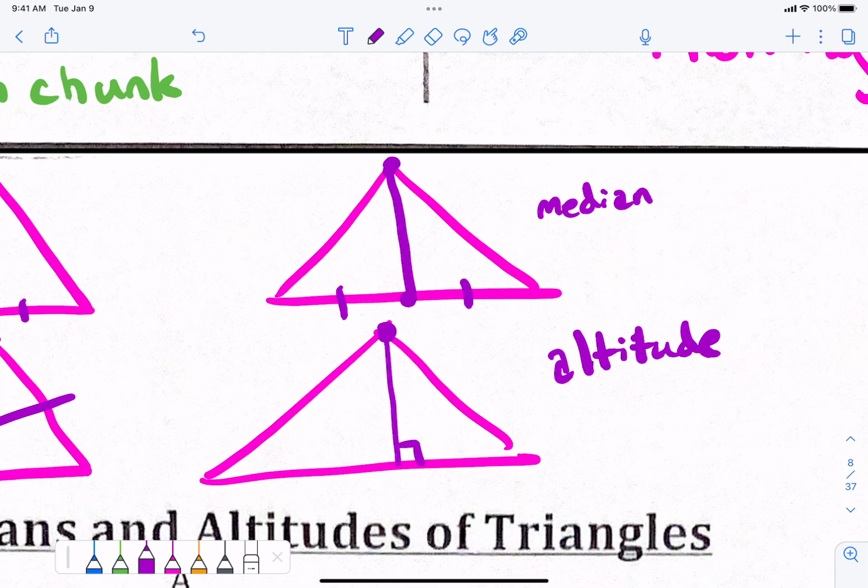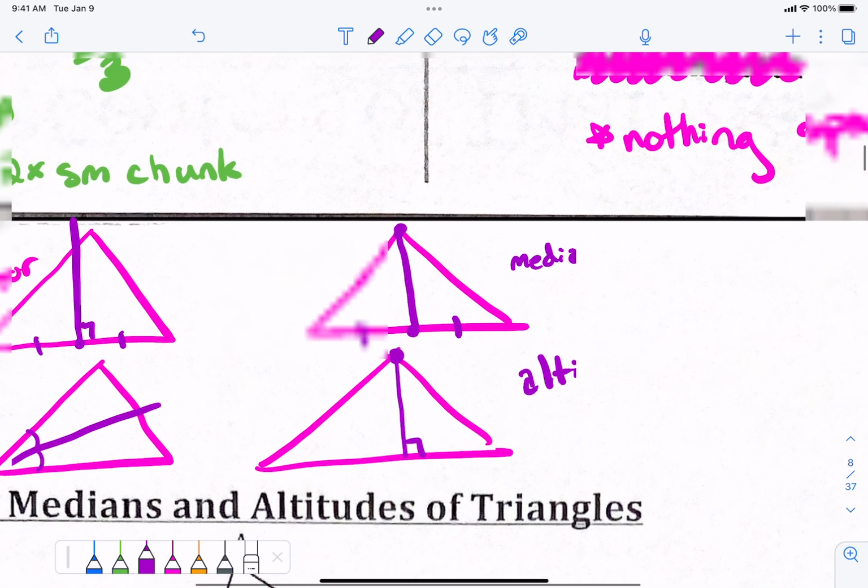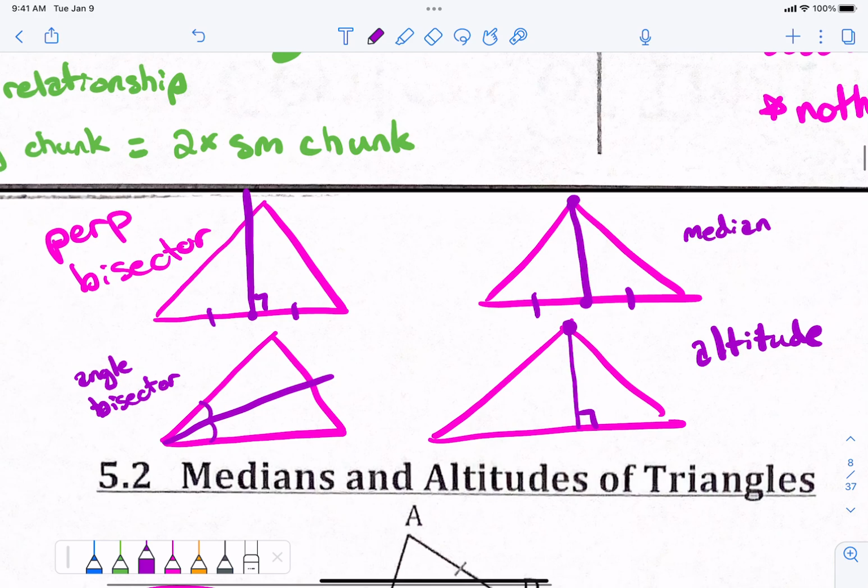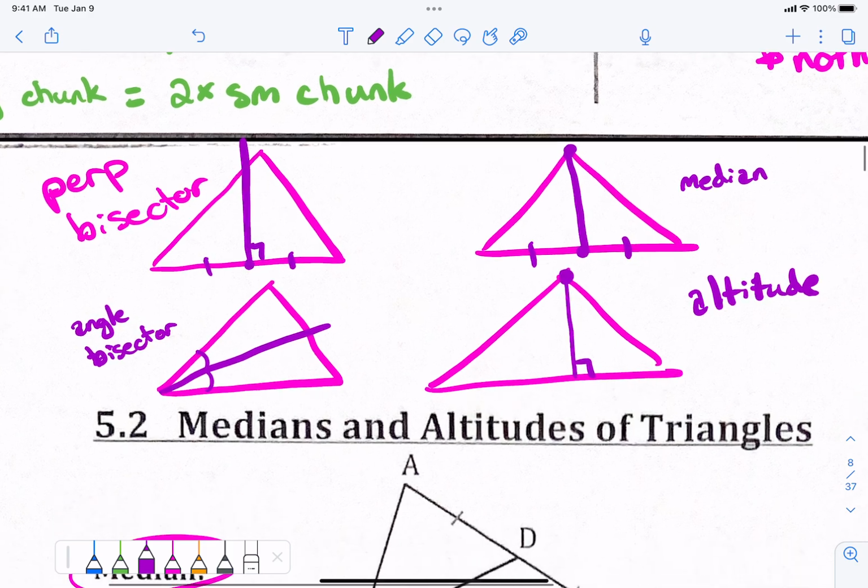You could do it for any of the angles. I don't care which angle you use, but just draw me one altitude, one median, one perpendicular bisector, one angle bisector. So you have 4 triangles, and you'll just have to draw one of each of those, okay? We'll practice that before you take the test. So that's what's coming, right? I just want you to be able to tell me, this is what it is, this is what it looks like, right? Okay, that's not too bad.